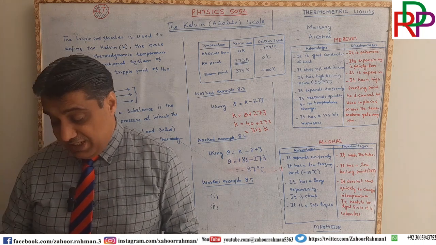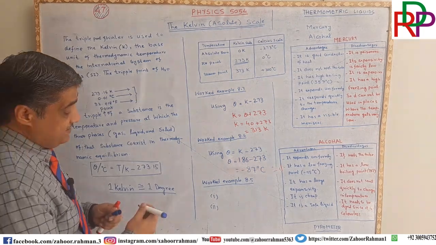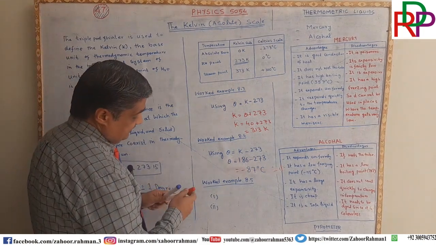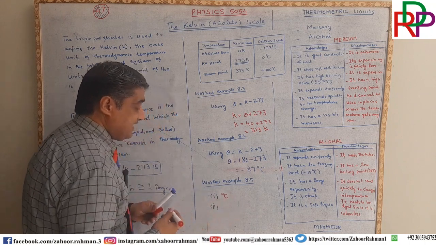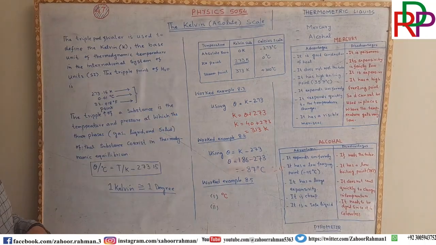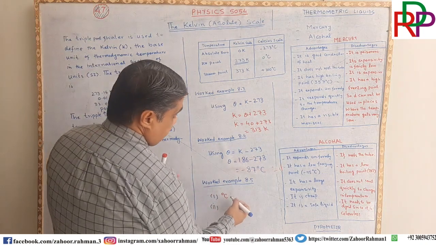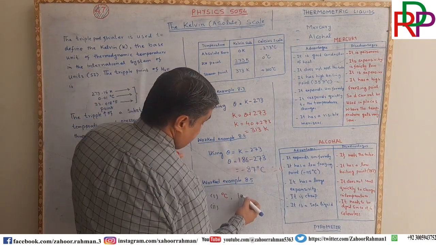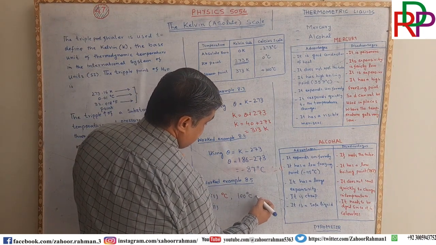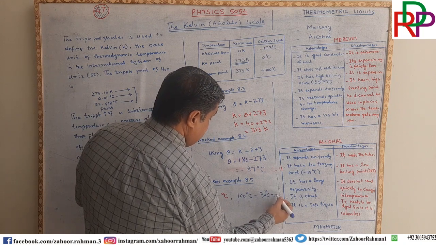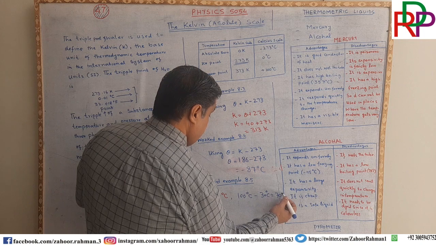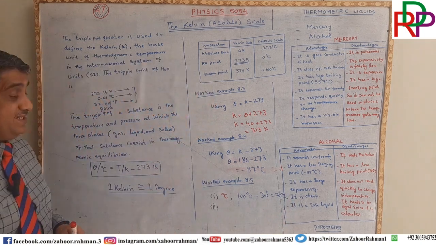Find the change in temperature first in degree Celsius. In degree Celsius, that is easy, because both are given: 100 degrees Celsius minus 30 degrees Celsius, which is equal to 70 degrees Celsius.